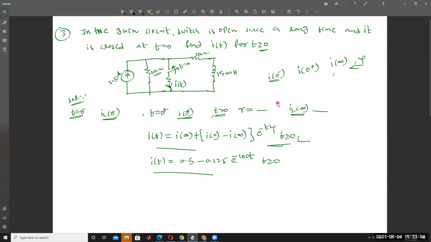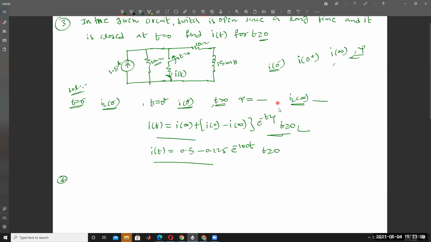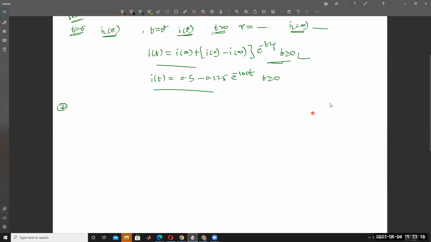And then the next question, the fourth question. So this is the circuit diagram.